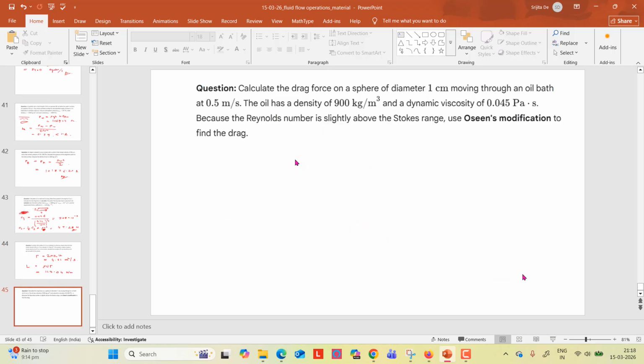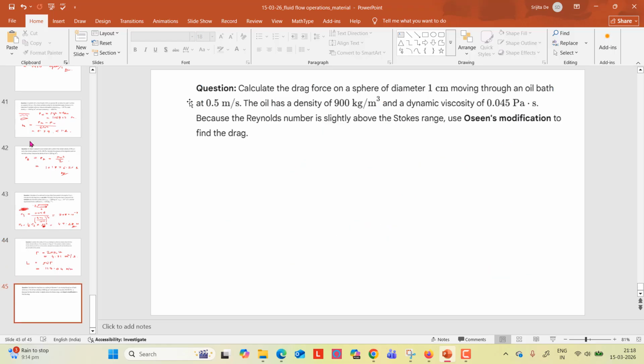The last question for this section is calculate the drag force on a sphere of diameter 1 centimeter moving through an oil bath at 0.5 meter per second. The oil has a density and a dynamic viscosity.